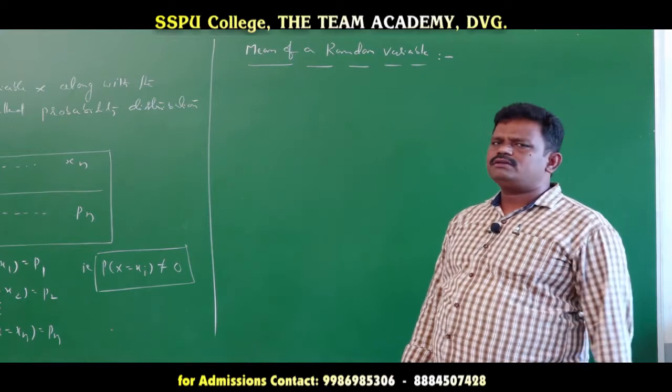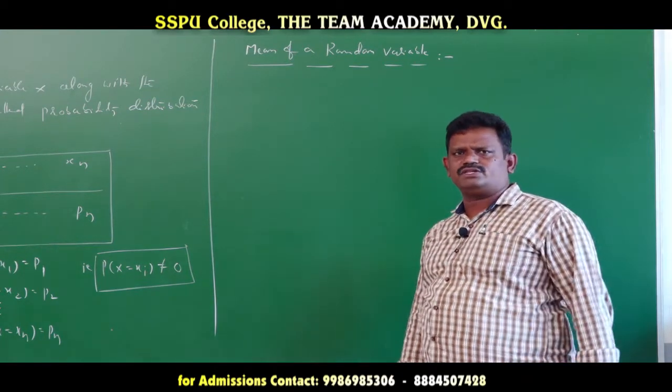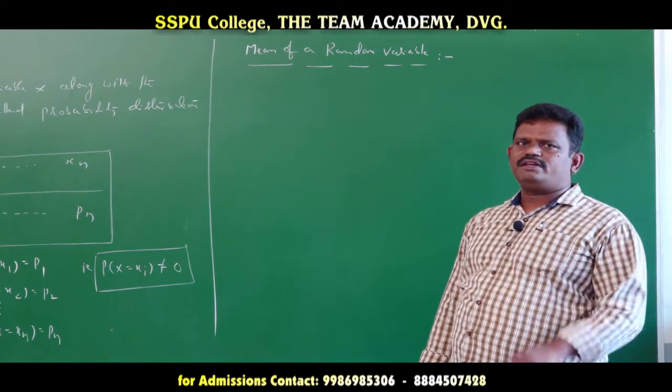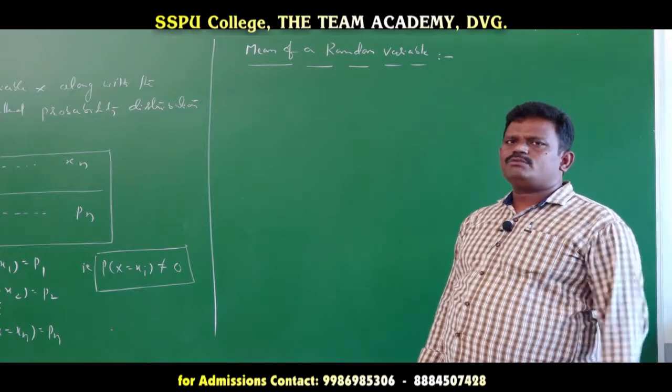Generally we learn the mean in statistics also. Like that here, there are 3 formulas: mean, variance and standard deviation. Just remember how we define the mean. First we take the random variable's possible values.